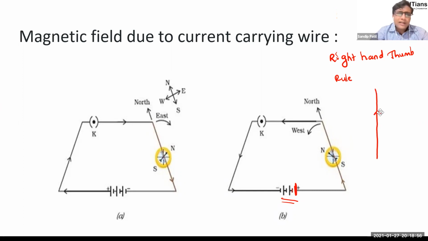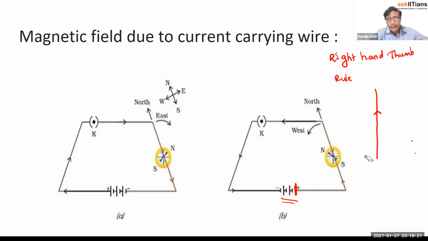And let's say the current's direction is upward. To get that direction, we can just connect some cell here like this, right? So, let's connect it in the reverse fashion. Positive is here, so current will go upward, right? We know the current flows from the positive terminal to the negative terminal. So this will be our battery. Let me remove the battery.